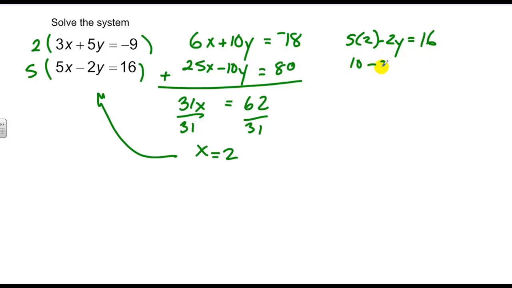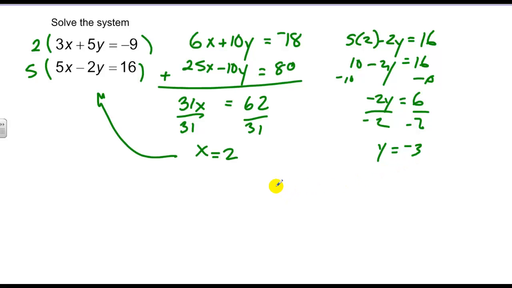That's 10 minus 2y is 16. Subtract 10 from both sides, negative 2y is equal to 6. Divide by negative 2, and y is equal to negative 3. So I have 2 and negative 3.